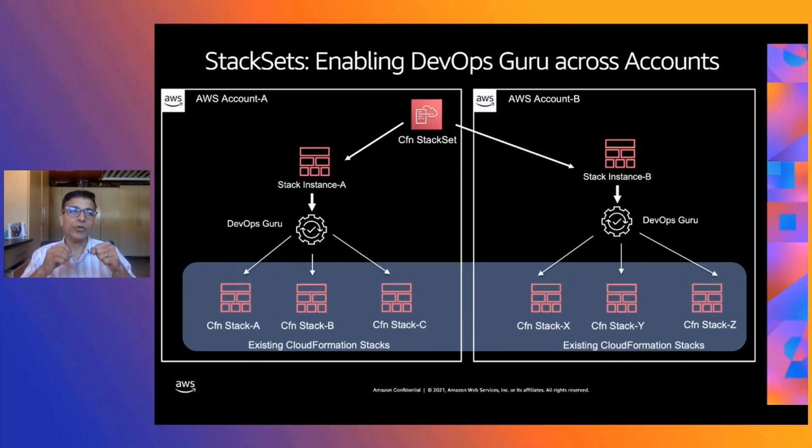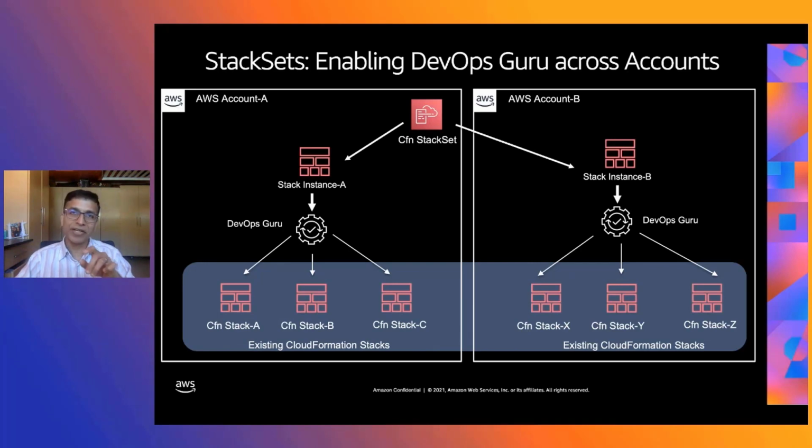Using stack sets, you can run the CloudFormation stacks across multiple accounts, and you could just trigger it from one account, but give multiple account numbers, and it goes into those various accounts as well as various regions of those accounts, and it deploys those CloudFormation templates there. So you can enable DevOps Guru using those stack sets of CloudFormation.